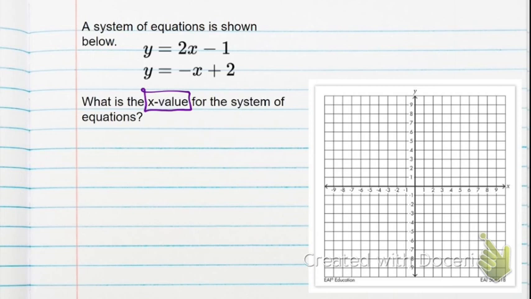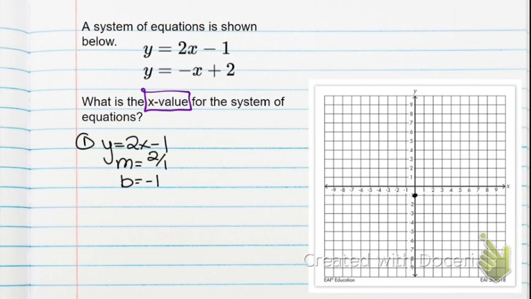So in my first equation, we've got y equals 2x minus 1. So my m is going to be 2. It's not a fraction, so I'm going to go ahead and make it a fraction. My b is negative 1. So I'm going to go to my graph, negative 1, meaning I go to my y-axis to negative 1, put a dot.